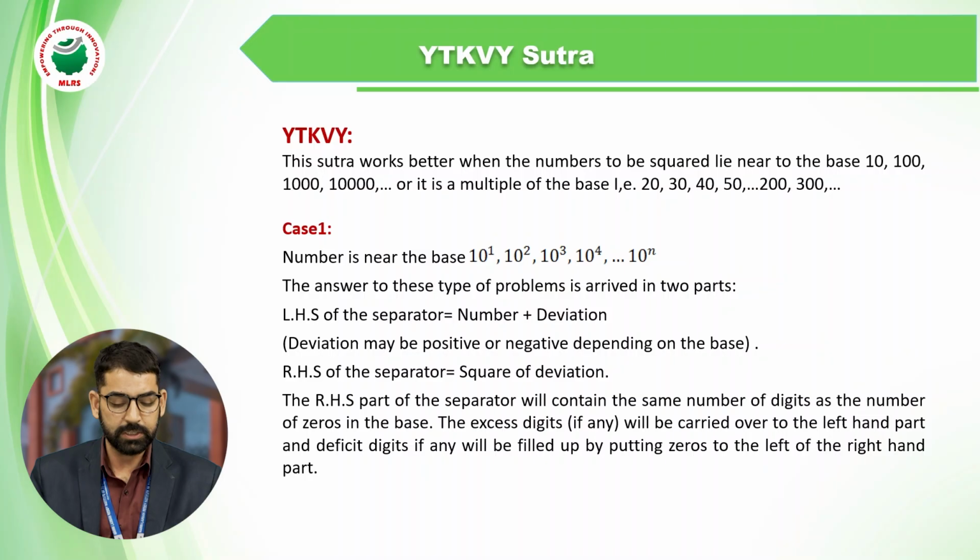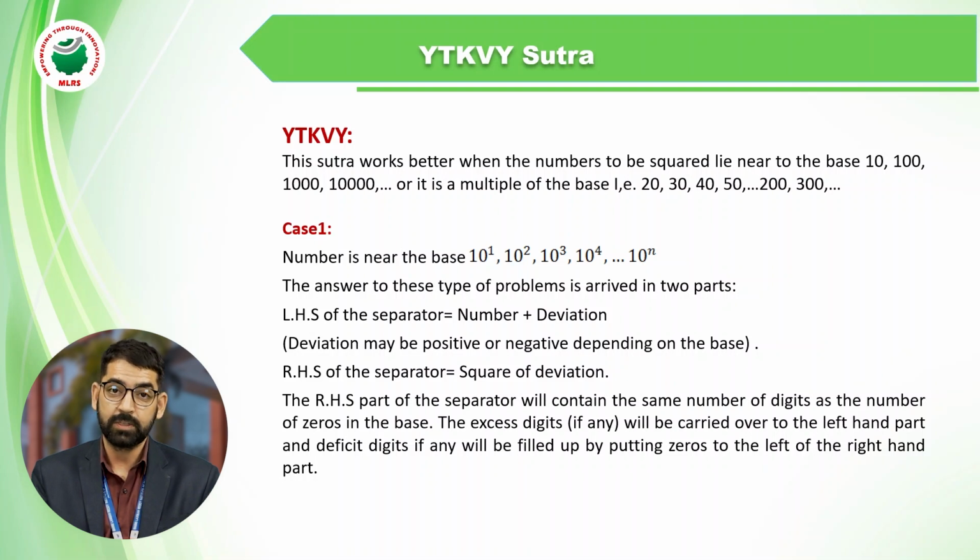So the RHS part of the separator will contain the same number of digits. Here the students should remember that the digits to the right of the separator should be equal to the number of zeros in the base.